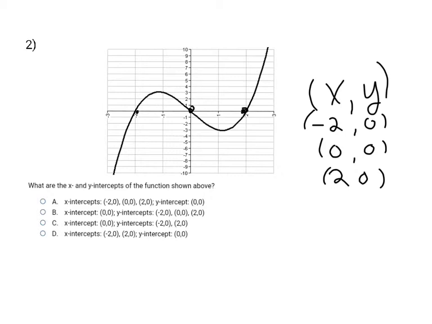And then my y-intercept is right here. It's also at the origin, so it is at 0, and all y-intercepts have an x number of 0. So those are going to be my x and y-intercepts, which makes number 2 answer letter A.